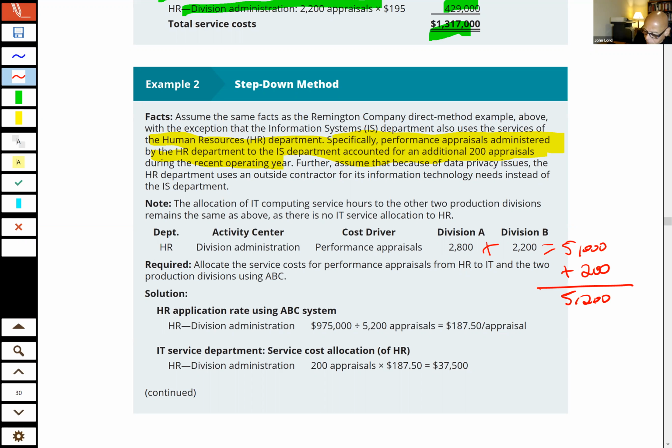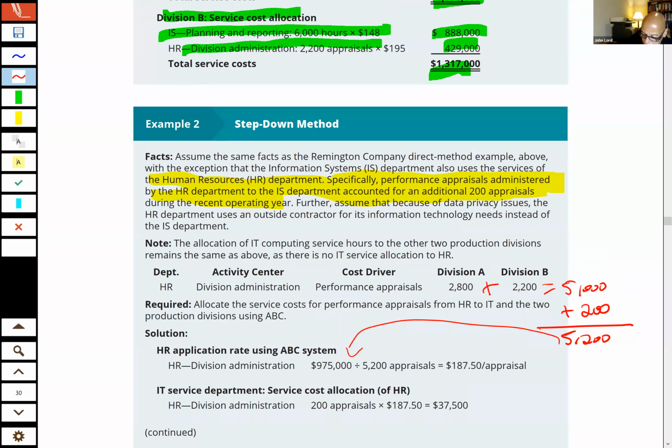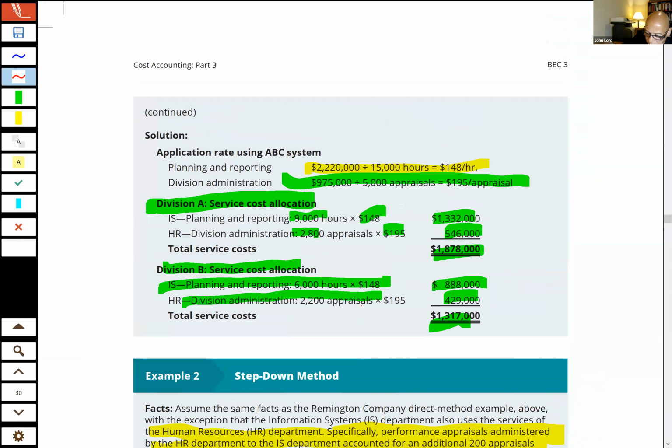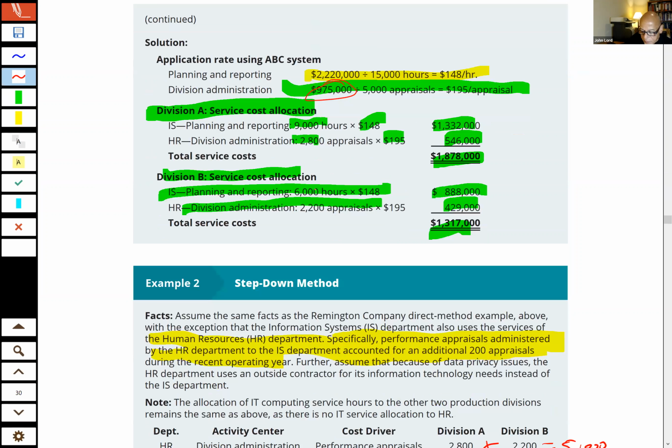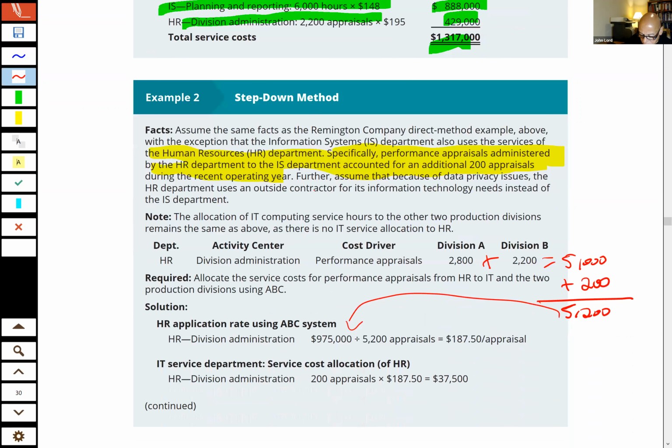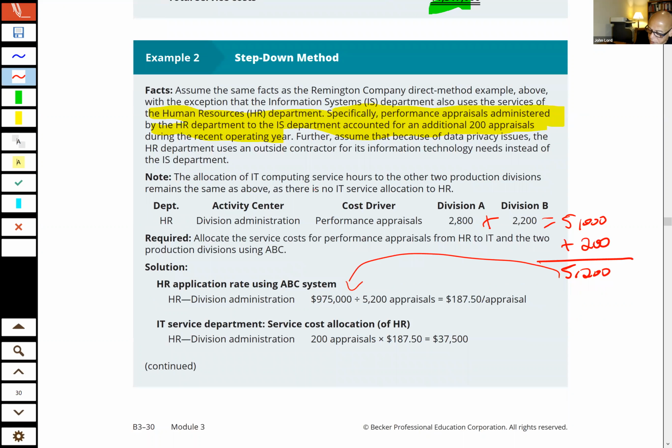So we take 5,200 and divide that into the cost for the HR, again that 975. Sometimes half the problem here is just remembering what the numbers were. Before it was divided by 5,000, now it's divided by 5,200. That's saying that the cost is 187.50 per appraisal.